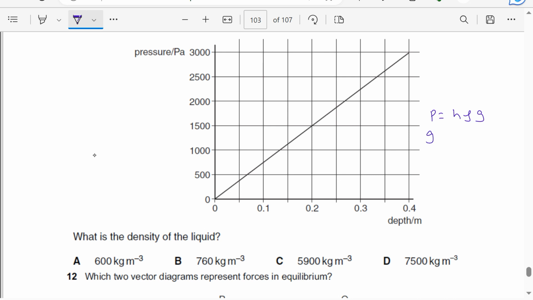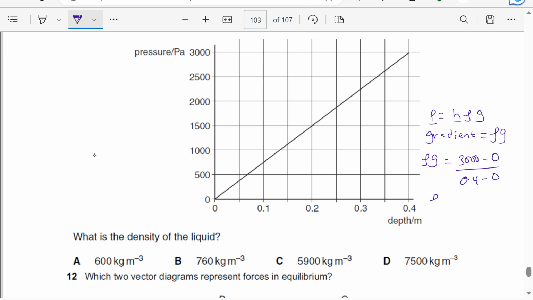And the gradient of a graph of pressure against depth is going to be density times g. So density times g is equal to the gradient, which is, let's say, 3000 minus 0 divided by 0.4 minus 0.